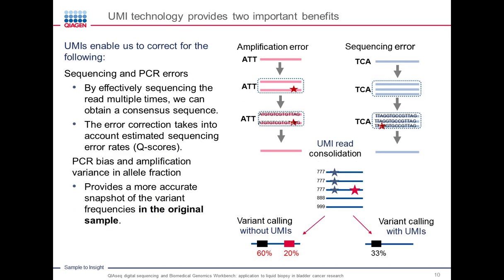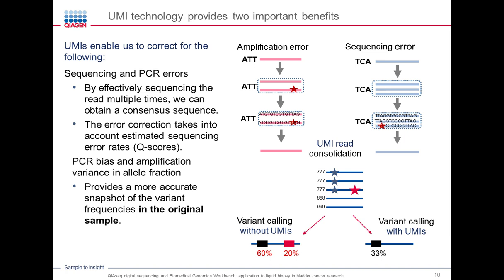This approach has a number of advantages, and in particular, the fact that you can allow for correction of sequencing errors and PCR errors, as this first picture shows. So sequencing error and amplification error happen in two different steps when you prepare your library or when you sequence it, and they end up having the same effect, which is an error in the sequence that you read in your data. Using UMIs, you can remove this sort of error during the consolidation, the creation of the consensus by UMI group.